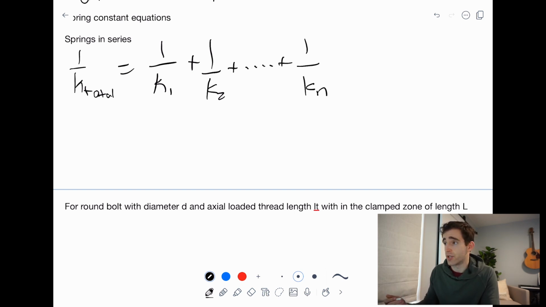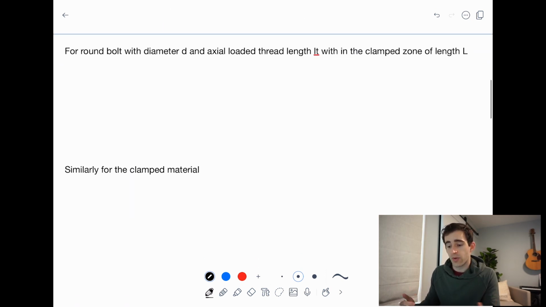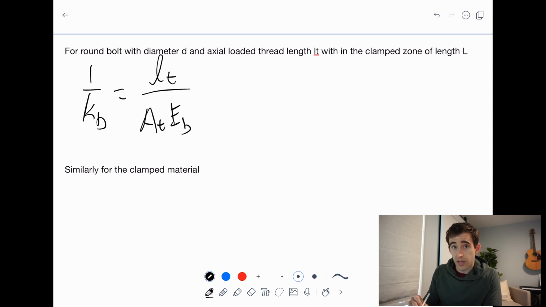A lot of times it's just 2. So if we think about it for a round bolt with diameter D, an axially loaded thread length LT, and the clamp zone of length L, so we have sort of a normal bolt, that's going to be, where EB is the Young's modulus of the bolt material.